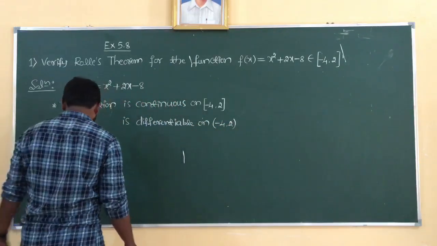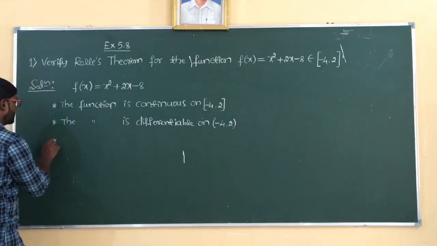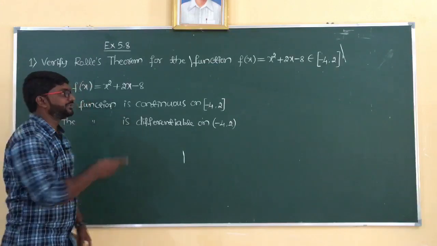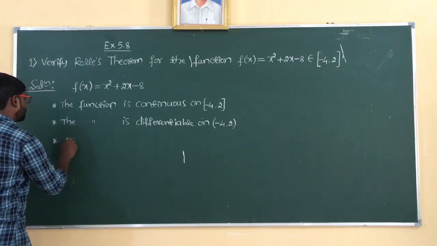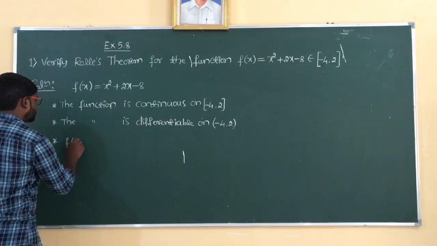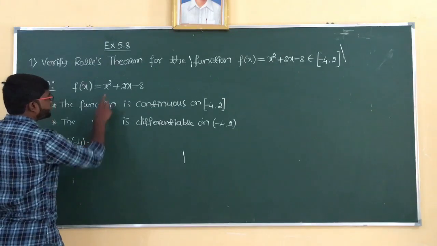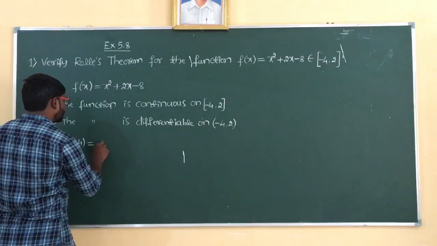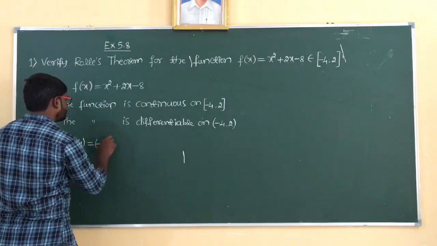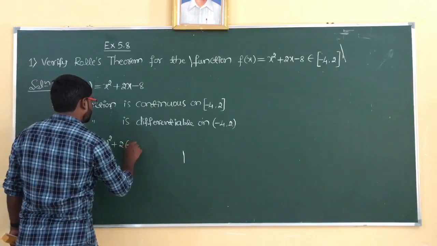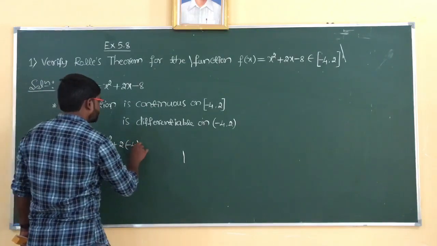So now the next point is, we have to check whether f of a is equal to f of b or not. So I go for f of a. So f of minus 4 equals, in place of x I have to write minus 4, minus 4 square plus 2 into minus 4 minus 8.